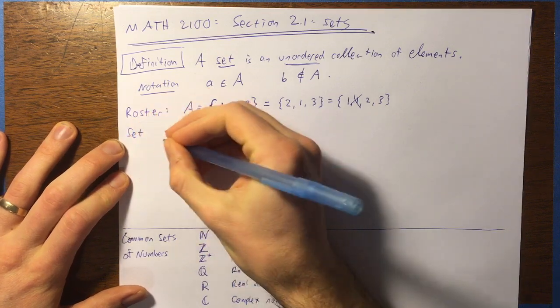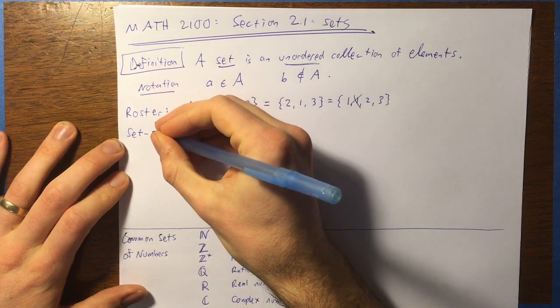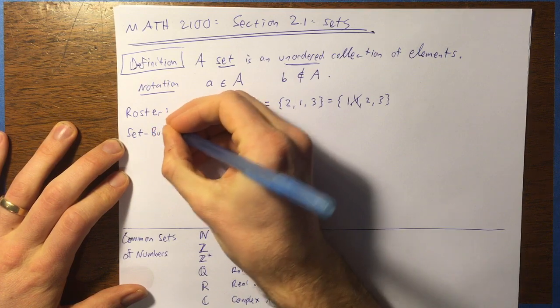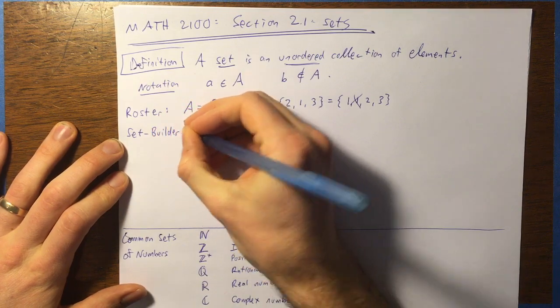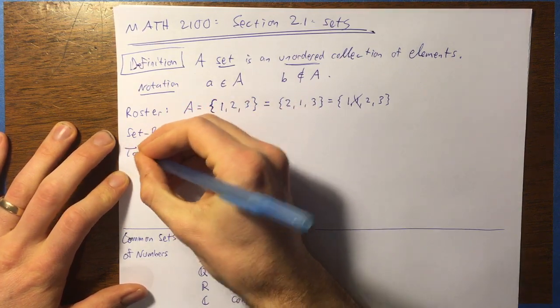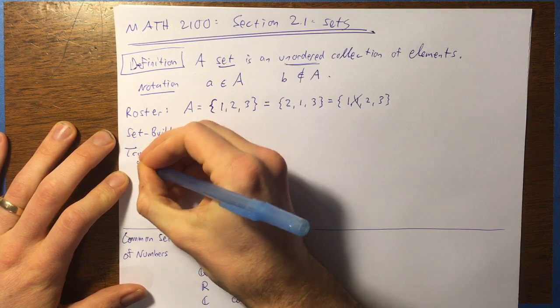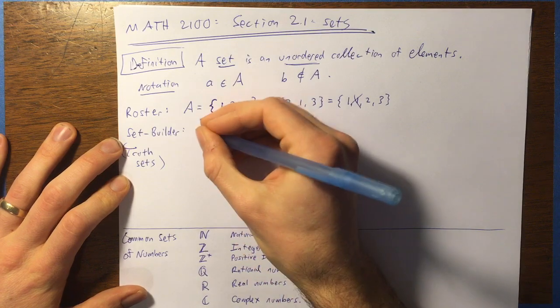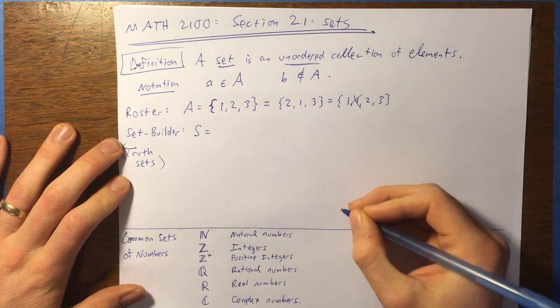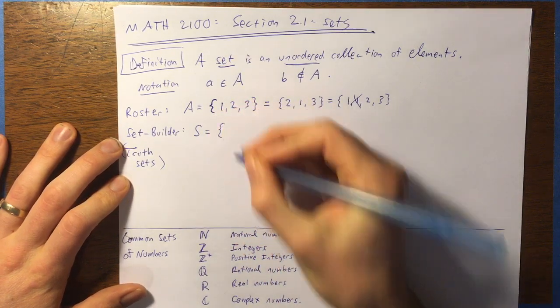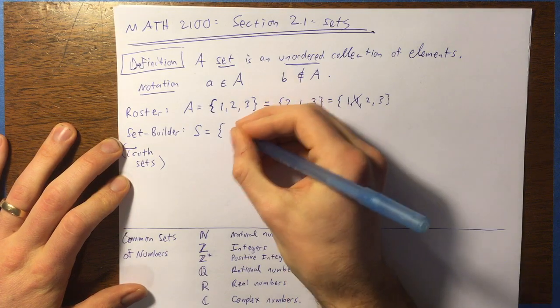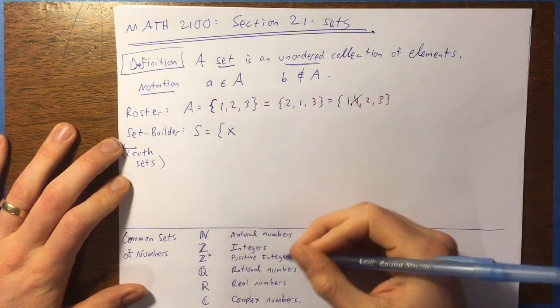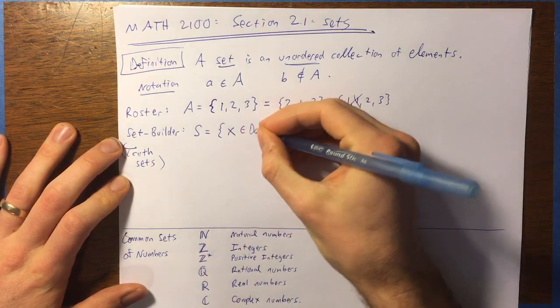Another way to talk about or write down a set is this thing called set builder notation, which is also called truth sets. And the set builder notation is essentially saying, let's define a set. This time I'm going to call it S. Let's define it by saying it's the set of all things X, you introduce a variable, that are elements of some domain.